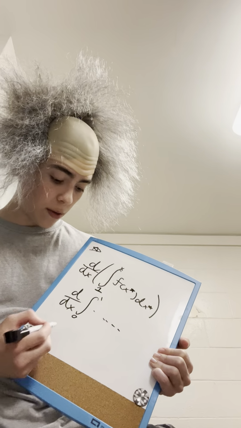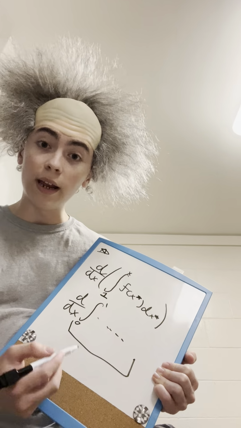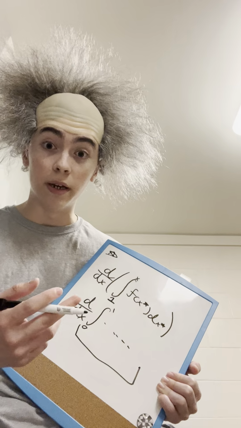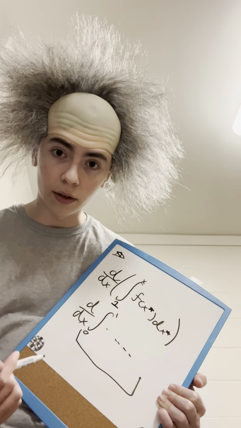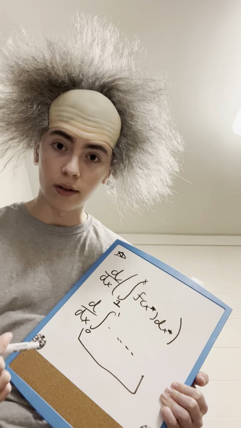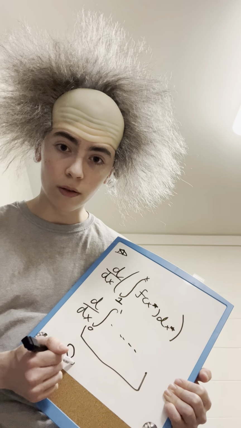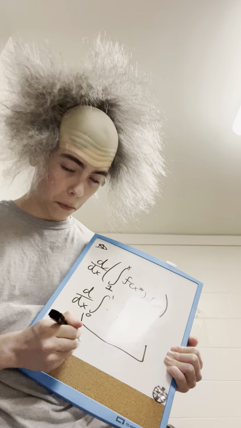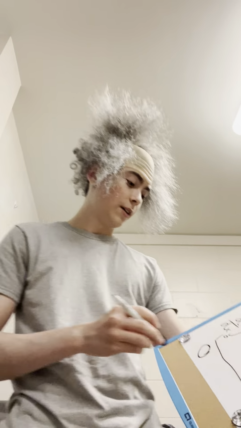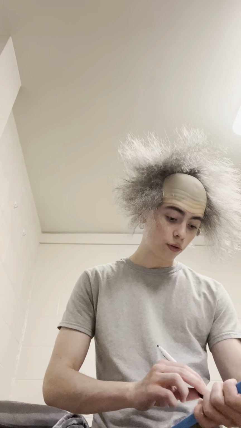It doesn't even matter because this integral is going to be an area, and that area is going to be some number. So you're taking the derivative of some number, and the derivative of any constant number is 0. So the second fundamental theorem of calculus is pretty awesome, I'd say.